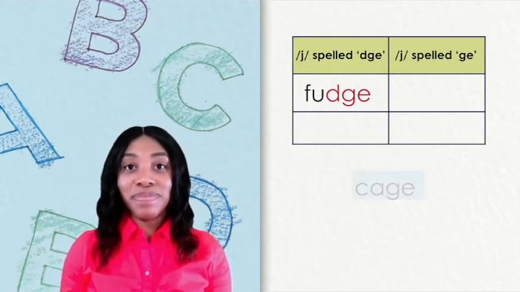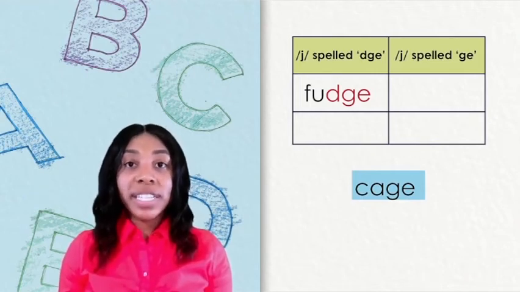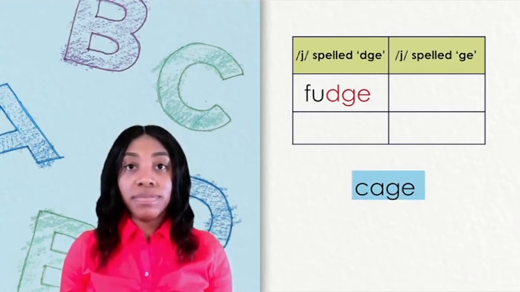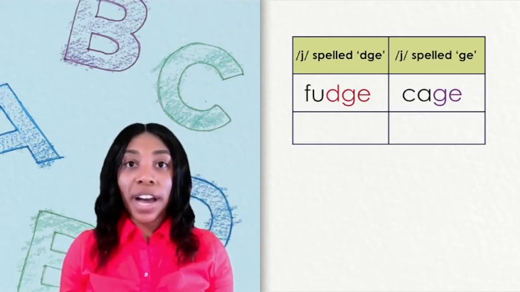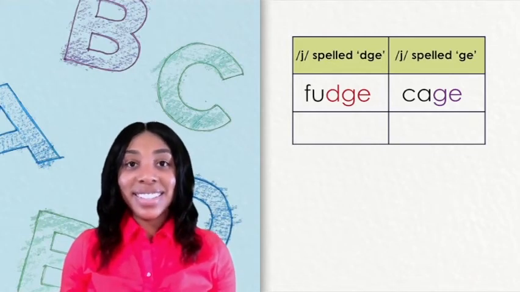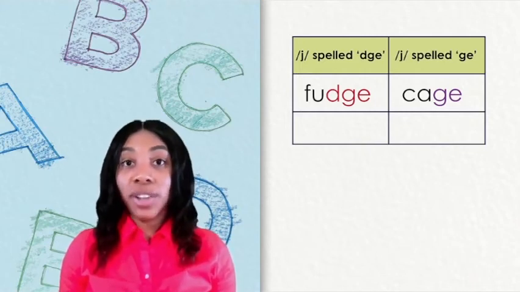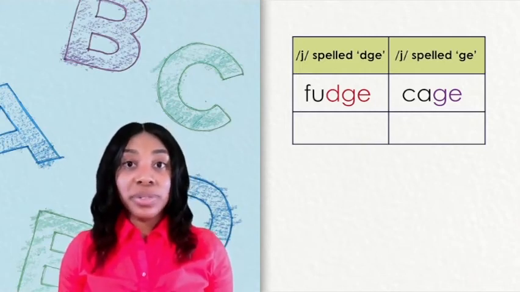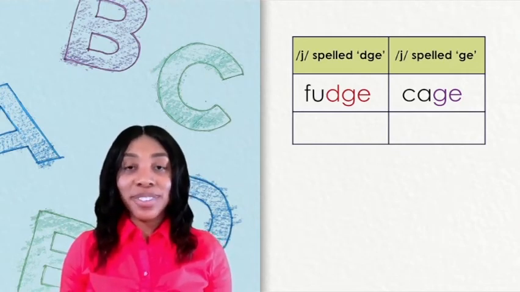Let's see. Our next word is cage. Which spelling did you hear for the sound J? We have a G-E. Do you hear a short vowel or a long vowel before the sound J? We have a long A. As you can see, we use G-E if we have a long vowel, and then we would use D-G-E if we have a short vowel before the J sound.